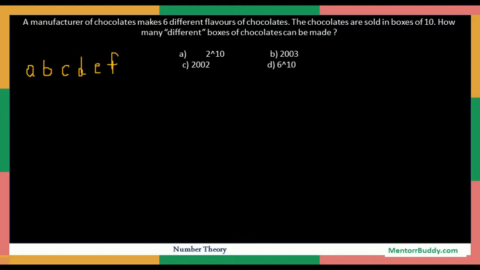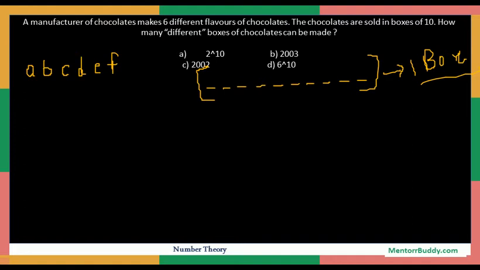Implies one box, let's say 1, 2, 3, 4, 5, 6, 7, 8, 9, 10. So there are 10 places where 10 chocolates can be filled in one box.